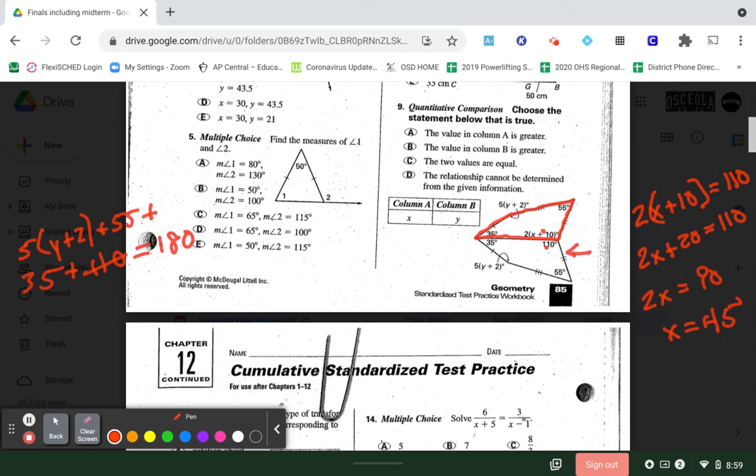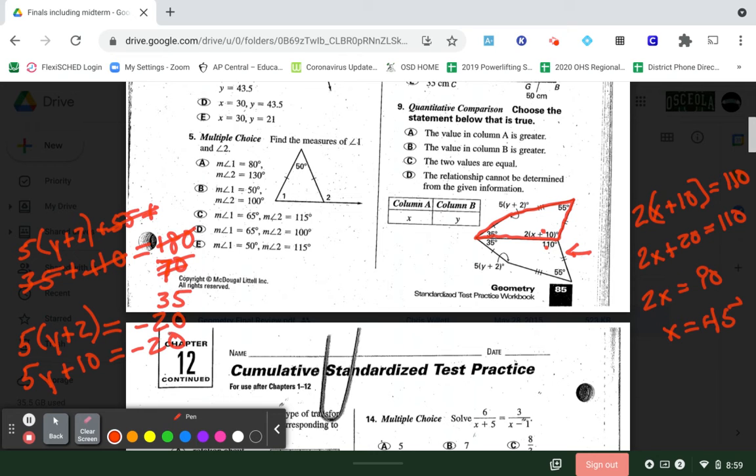If I subtract off the 110, that knocks this down to 70 right away. If I subtract off the 35, that knocks this down to 35. If I subtract off the 55, that knocks this down to negative 20. Ooh, that makes me nervous. Equals 5 times y plus 2. So 5y plus 10 is equal to negative 20.